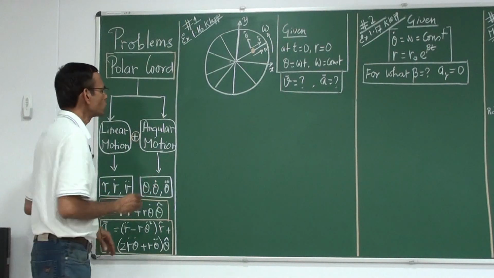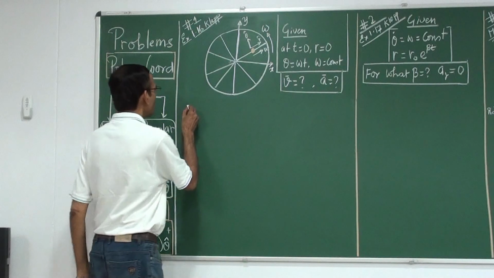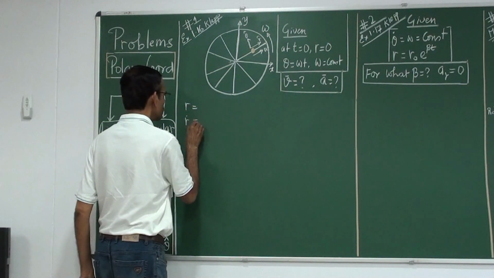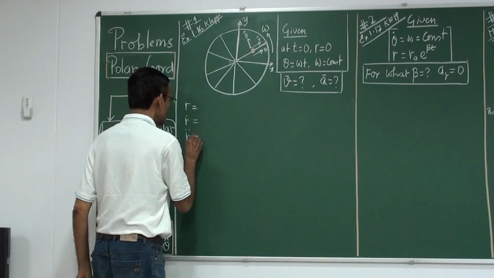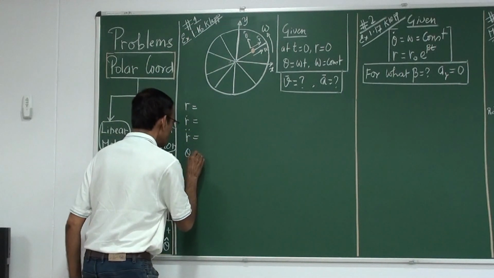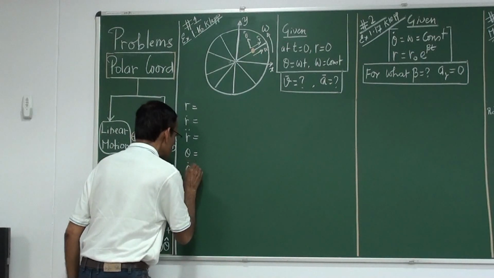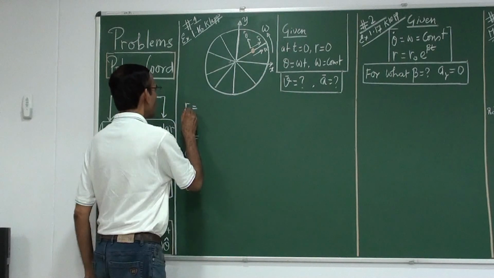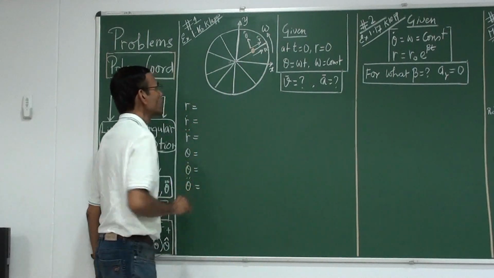Okay. So let me quickly write r dot, r double dot, theta dot, theta double dot. r is given by, now what is r?